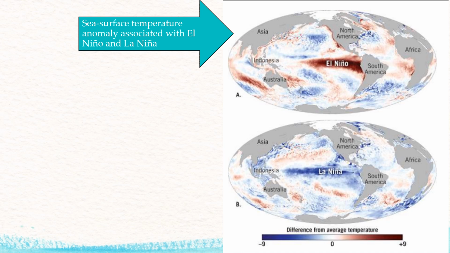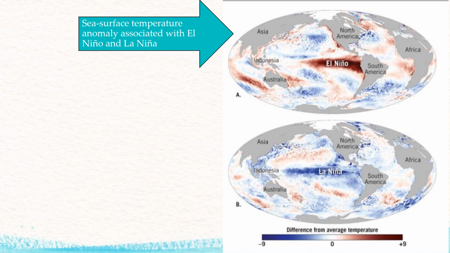Which amasses large quantities of warmer than normal water along the west coast of South America. And that's why there is a temperature anomaly in the sea surface.